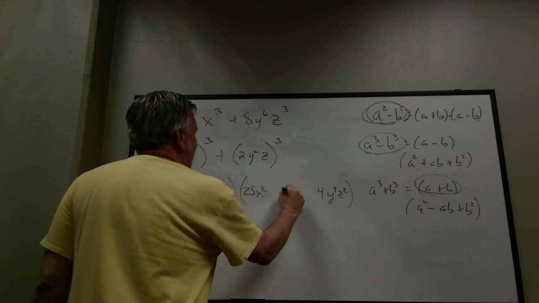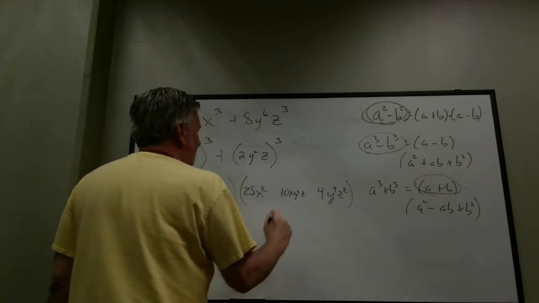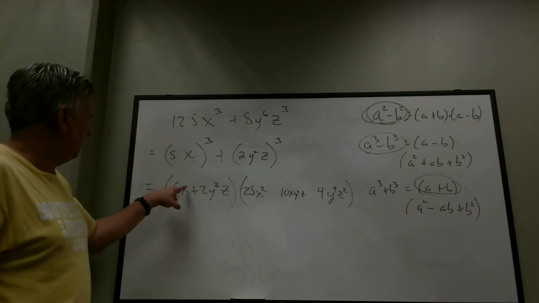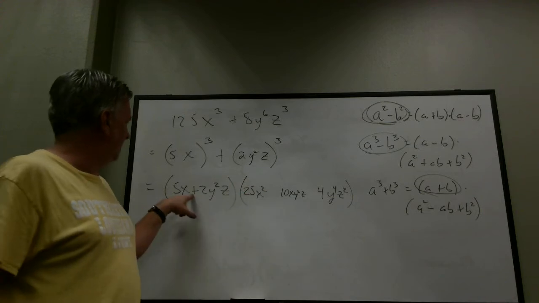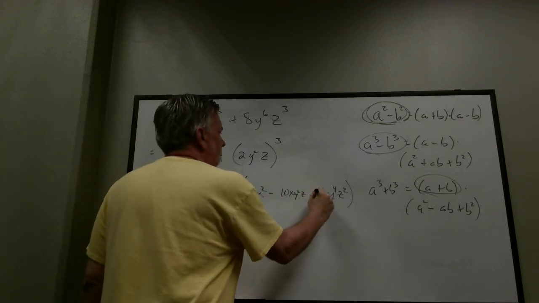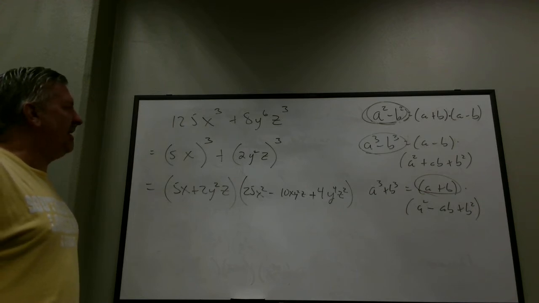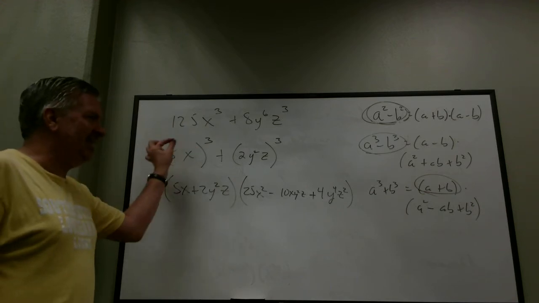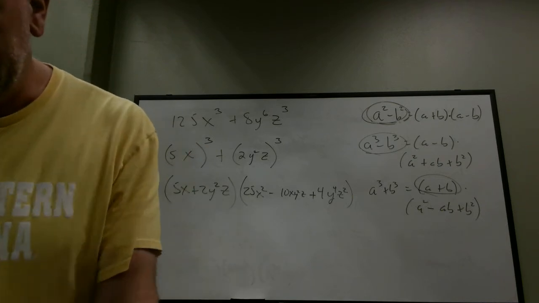So that's 10x y squared z. And remember, there's one minus sign, right? It's not there, it's here. And we factor. So that was not difficult, but it's tedious. It's easy to make a little mistake because there's a lot of variables. So you have to be careful.